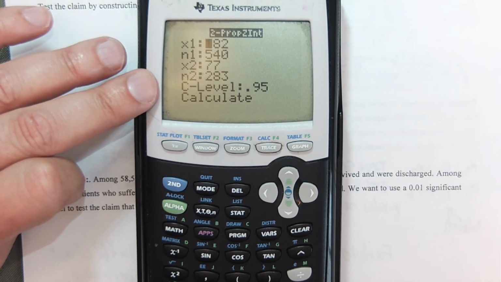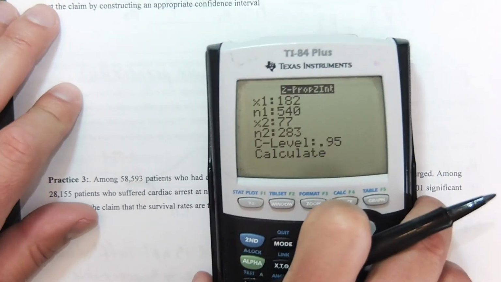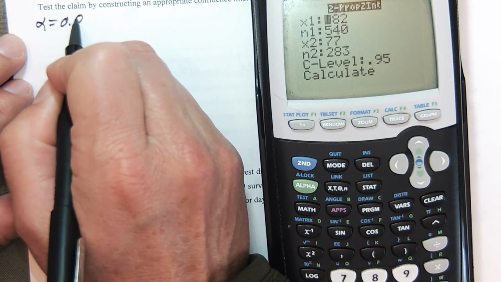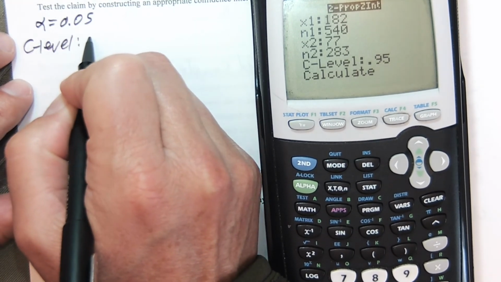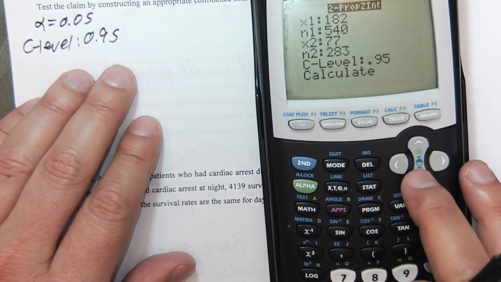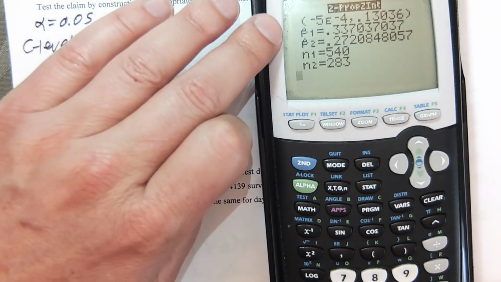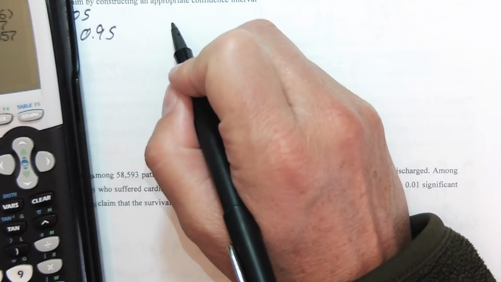It needs to know the significance level, so the C level is 0.95, and you can see because alpha is 0.05, our C level is 0.95. So it's whatever makes up the 100% there. And what we're going to end up with is a very, very small number. So here's our confidence interval.